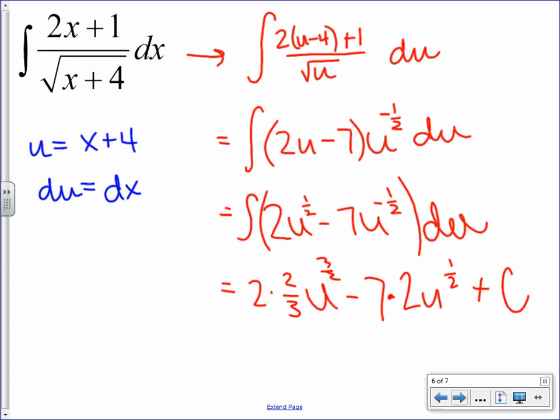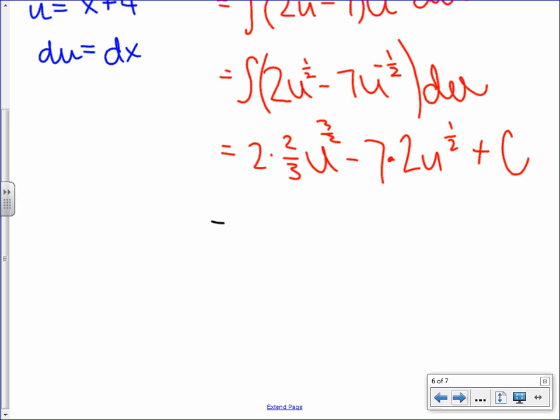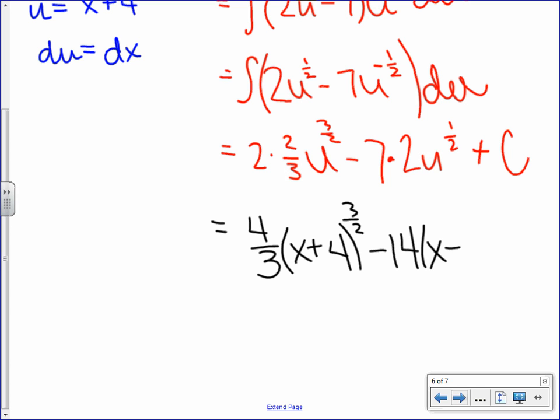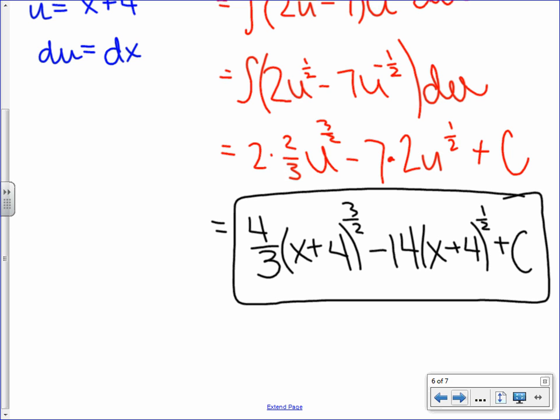So our final answer: 4/3 (x plus 4) to the 3/2 minus 14 (x plus 4) to the 1/2. Now, like I've been saying, you can take your answer, take the derivative, and check your answer.